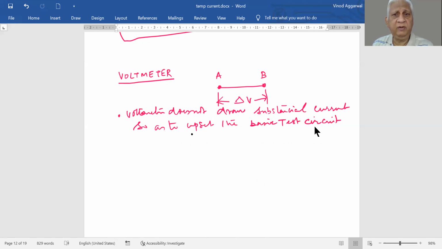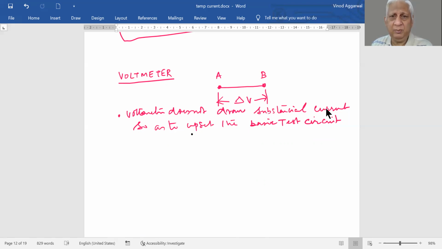So how can we avoid it? For measuring voltage, current will have to flow, we agree with that. But at the same time, we don't want to upset the basic test circuit. So what do we do? What we can do is only minimize this current. And how do we minimize this current?